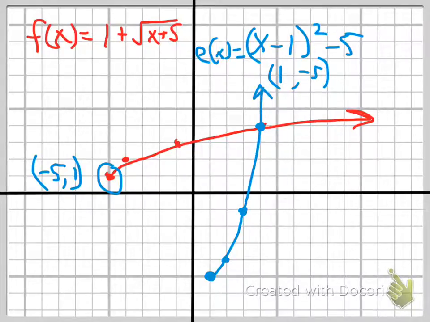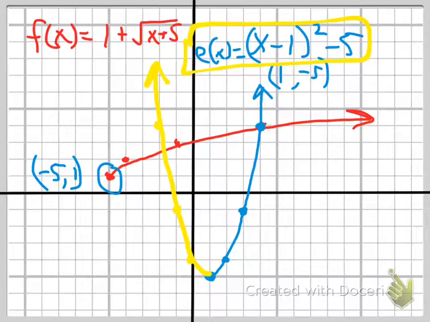Now, this function, e of x, is a parabola, so you may think that I need to also have this side. However, what I just graphed in yellow is not part of the inverse of the red. So the red function, the f of x, the original function, only is the top half of a sleeping parabola.